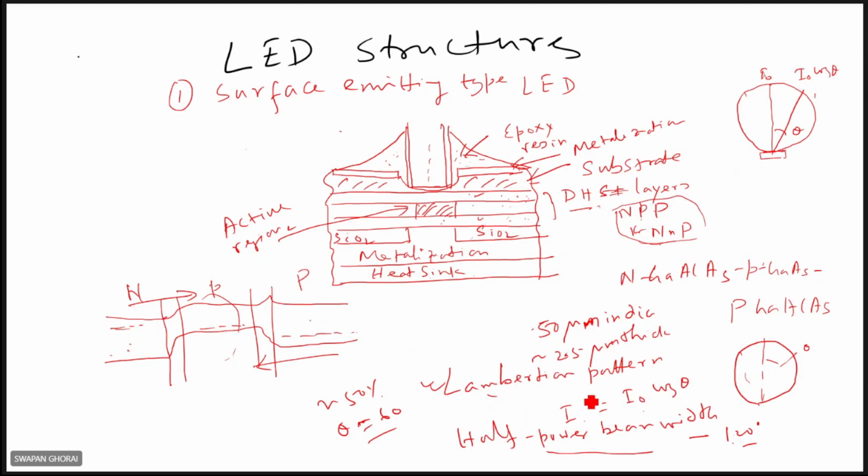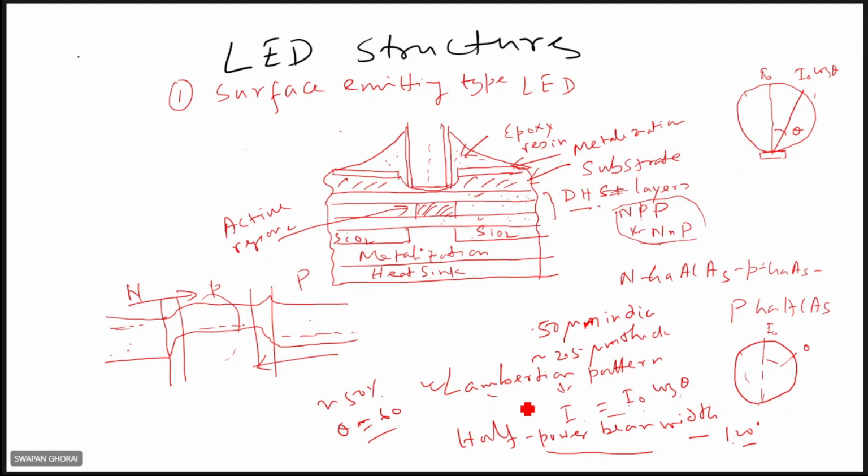It follows the cosine law. Lambertian pattern means it is I0 cosine theta, varying in this nature. In the normal direction it is I0, and in any other direction it follows I0 cosine theta.